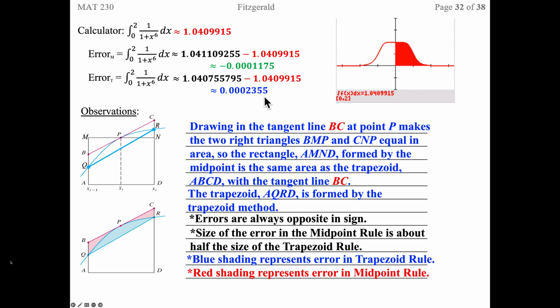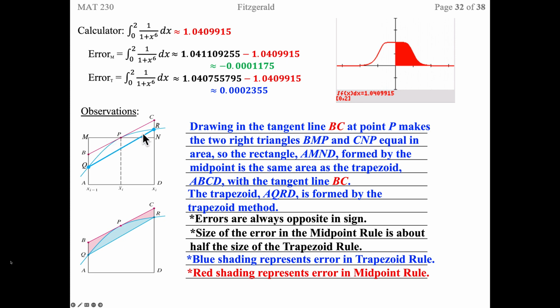Now, the observation that we're going to make here is we're going to look at, let's say, one rectangle to a curve. And our rectangle is done by the midpoint. That's where point P is. So if you were to draw the tangent line BC at point P, it's going to make two right triangles, BMP and CNP. And those two right triangles are equal in area.